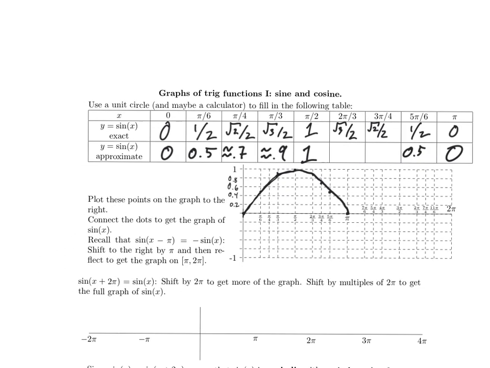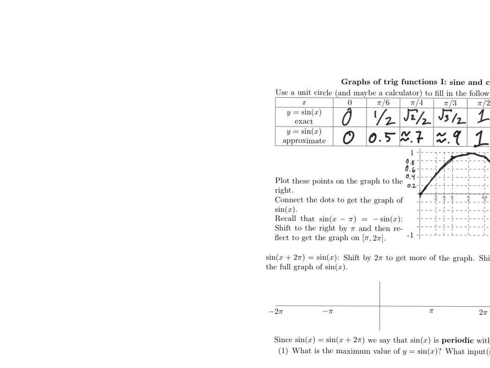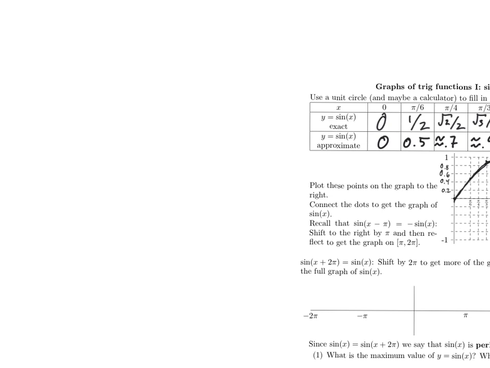Let's use this. We know that the sine of x minus pi is the same thing as minus the sine of x. And let's just go ahead and think about that. So let's actually write that this way. So minus the sine of x minus pi is the same as the sine of x.